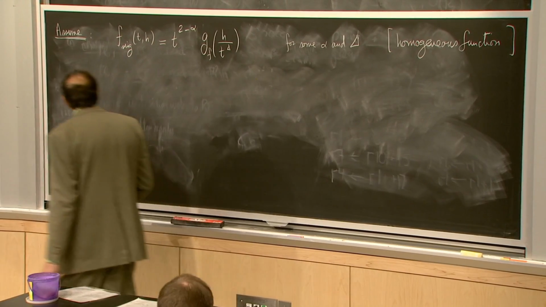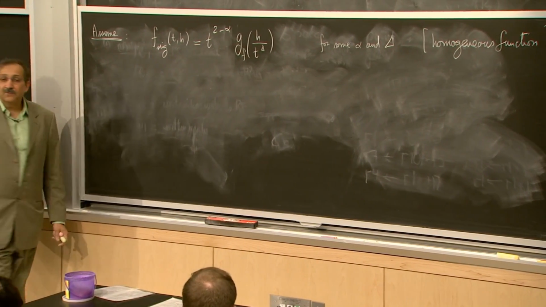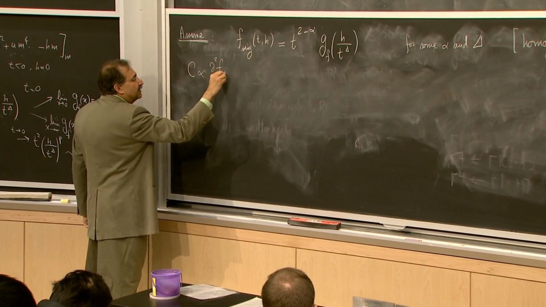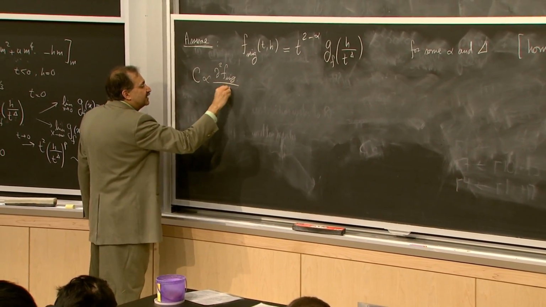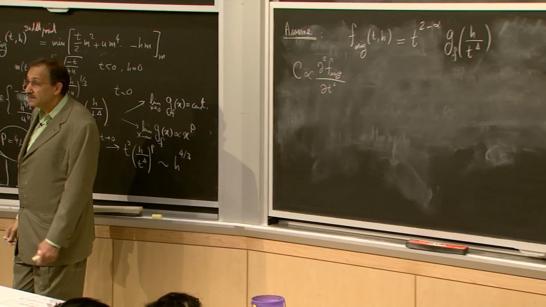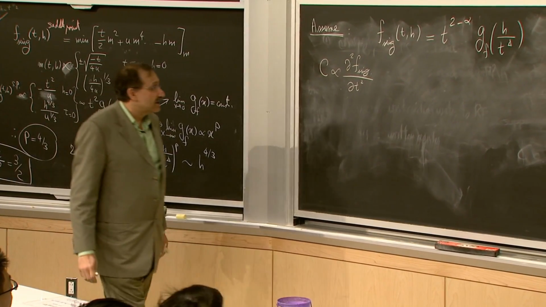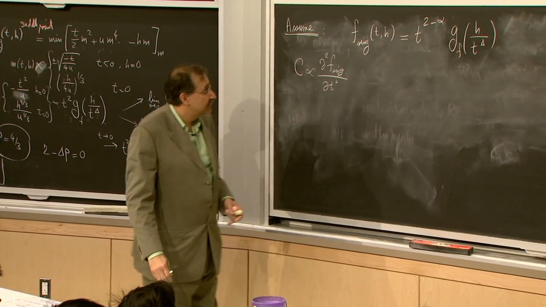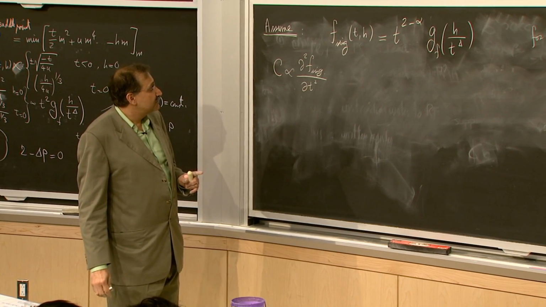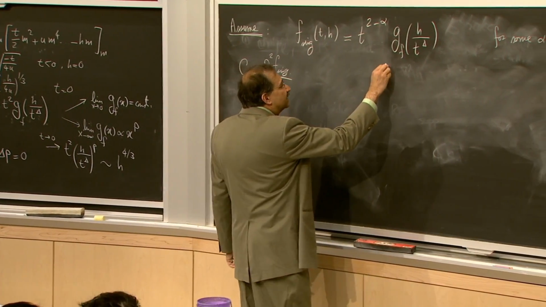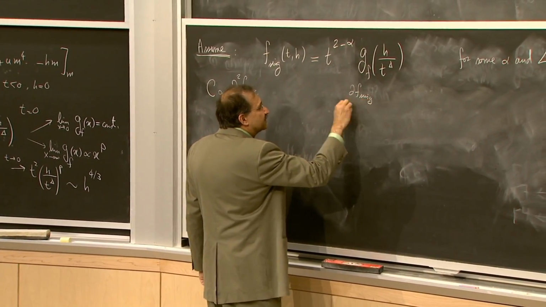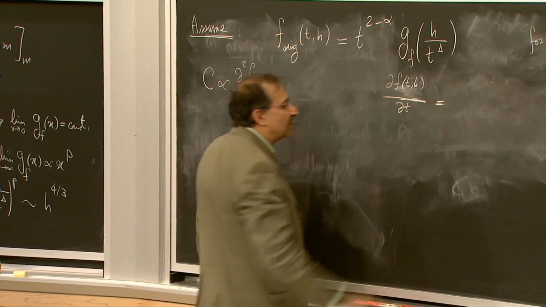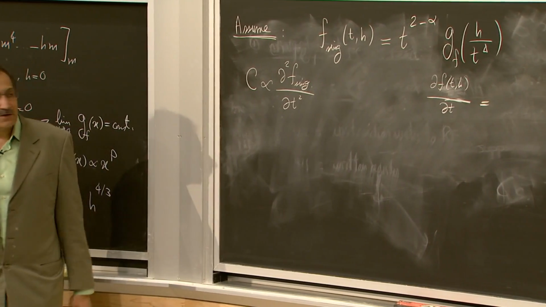Now, the first thing to note is clearly I chose this alpha over here so that when I take two derivatives with respect to t, I would get something like the heat capacity, for which I know what the divergence is. That's the divergence that I've called alpha. But there's one thing that I have to show you, which is that when I take a derivative of one of these homogeneous functions with respect to one of its arguments, I will generate another homogeneous function.